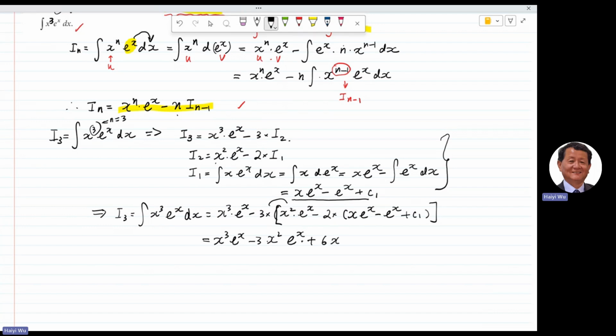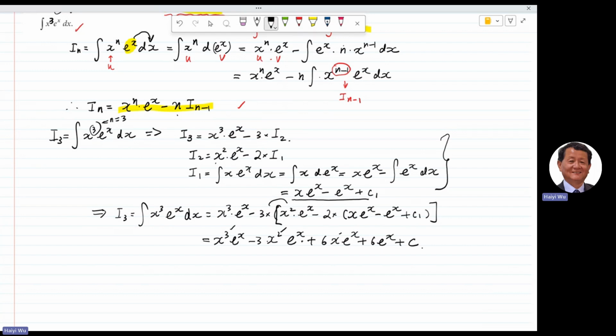And expanding the brackets, then you've got 6 x e to the power x, minus 6 e to the power x, plus c. So that's the answer. You can see x to the power 3, 2, 1.